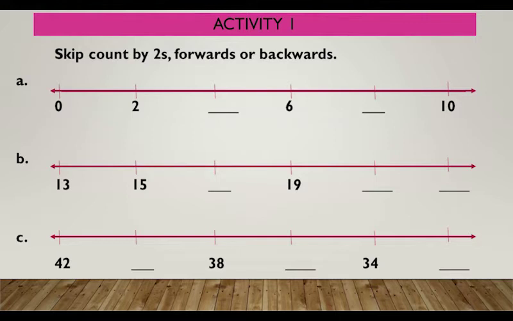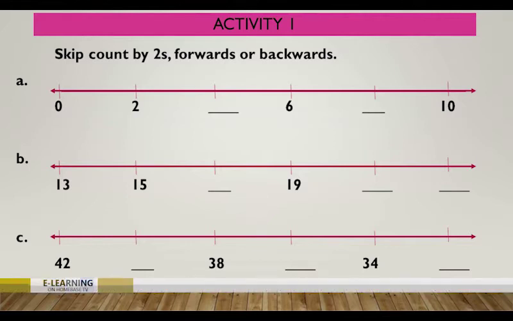B, we have 13, 15, skipped the next number to 19, and I skipped the next two numbers. C, we have 42, I skipped the next number to 38, skipped the next number to 34, and I skipped the next number.